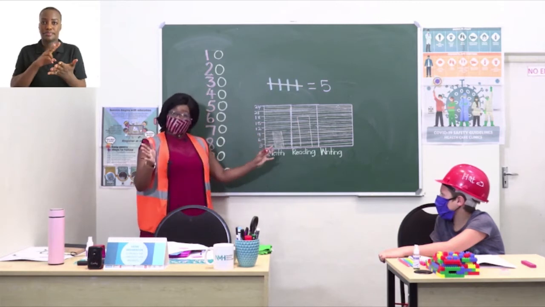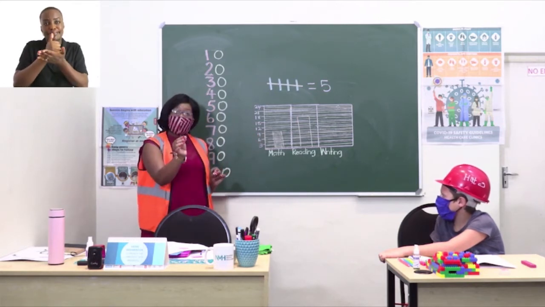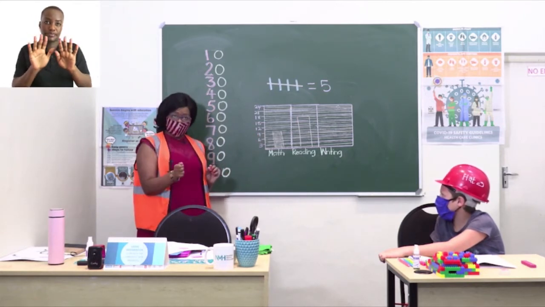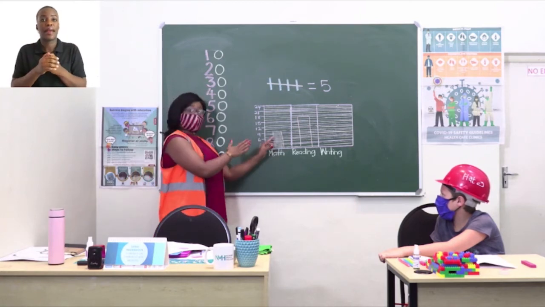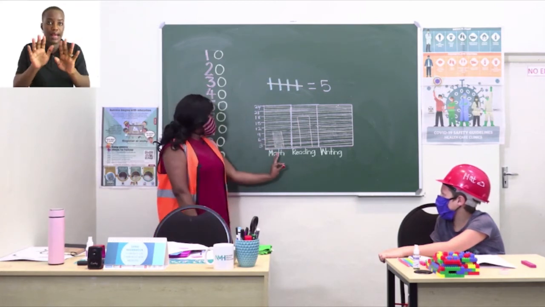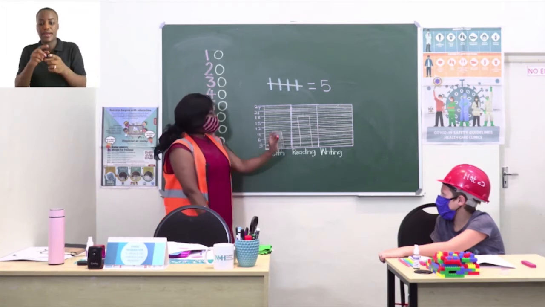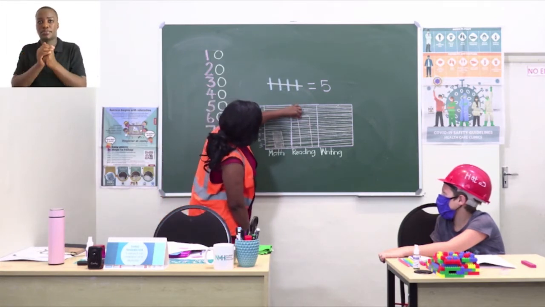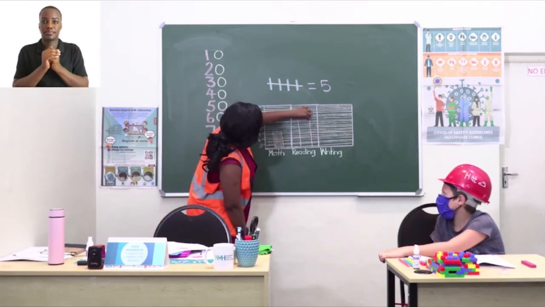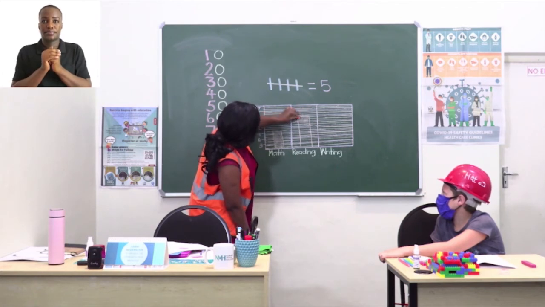But to make it clearer, we are going to color or shade. Remember to use a different color from the one that you used for maths. So let us shade our reading classmates.